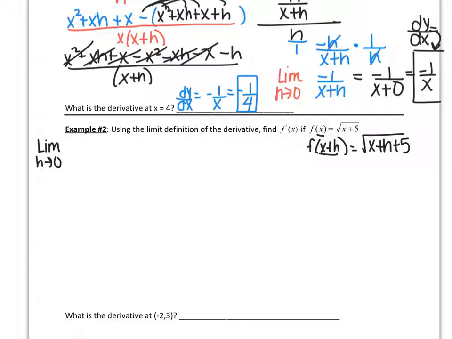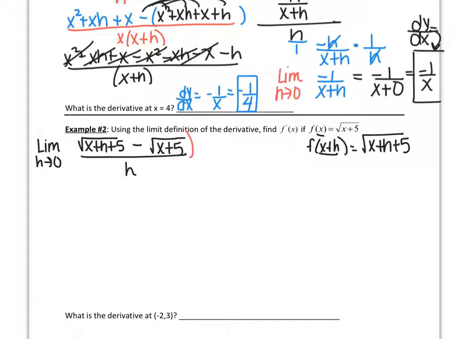So radical x plus h plus 5, that's f of x plus h, minus f of x all over h. And f of x is radical x plus 5. Now, before we can evaluate the limit as h approaches 0, we're going to have to simplify this using radicals.